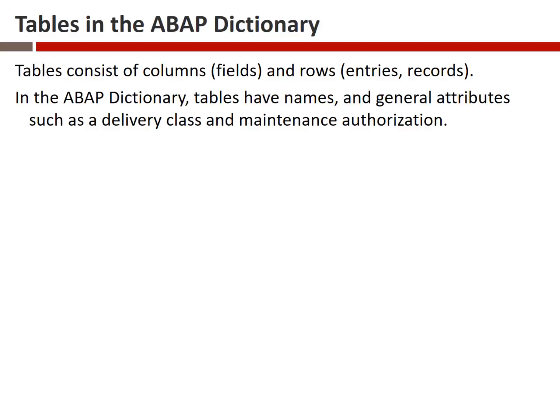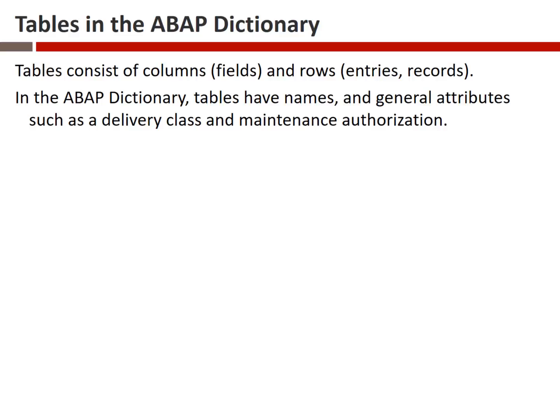Now, if we look in the ABAP dictionary, which becomes key in working with database tables, every database table has a name and then also has other meta information about that database table that is stored in the ABAP dictionary. This would include things like delivery classes.